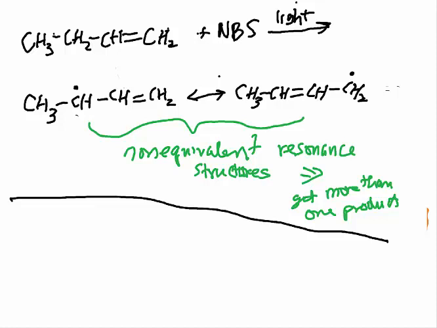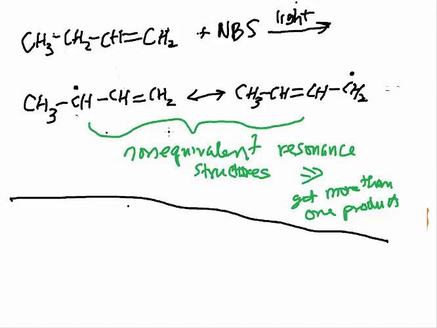When your alkene starting material forms the allylic radical, and it has resonance structures and you draw them and they're equivalent, you only get one product. It's only when you have two or more non-equivalent allylic radical resonance structures that you're going to get more than one product, as we have in this case here. These two resonance structures are not equivalent. They lead to different products.